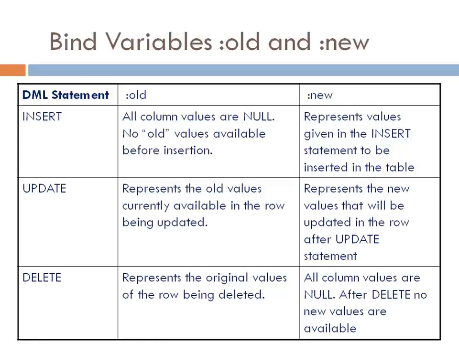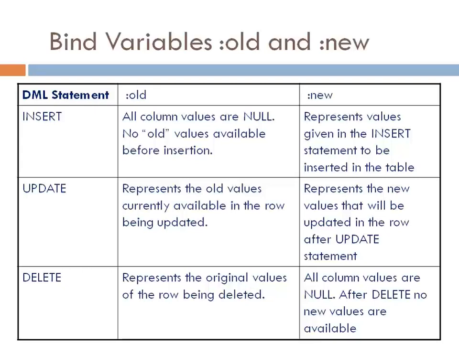So the triggering events are insert, update and delete, and with insert, the old bind variable will contain null for all the column values, because before inserting no older values are available. And for the insert event, the new bind variable will represent the values given in the insert statement which have to be inserted in the table.